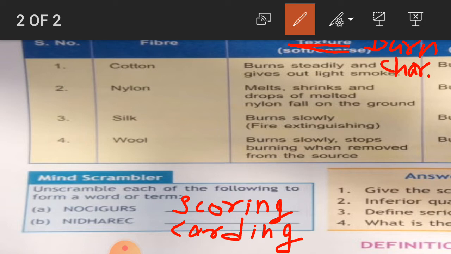I think carding will be the word for the second one, because carding is made with all the letters except two letters. If you students know any other word besides this, so tell it in the comment box or in the group.